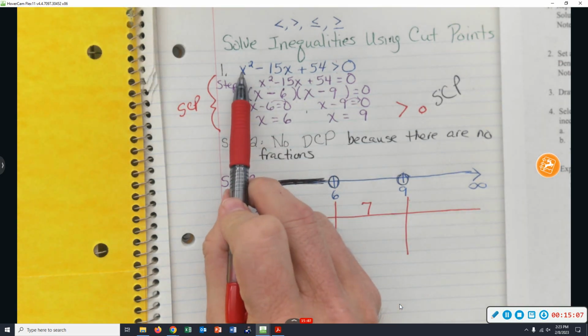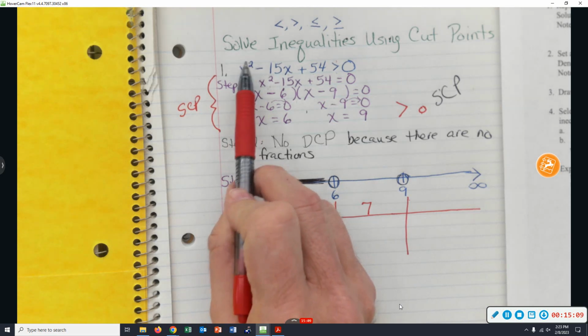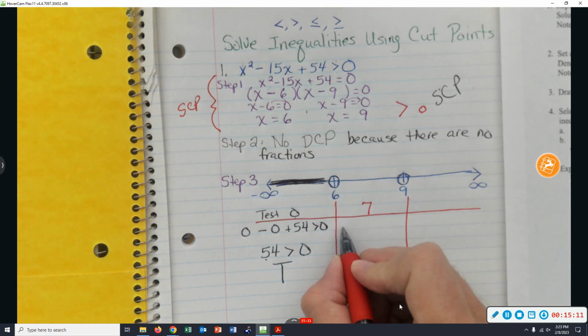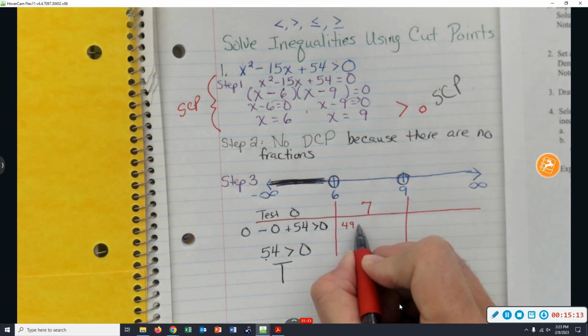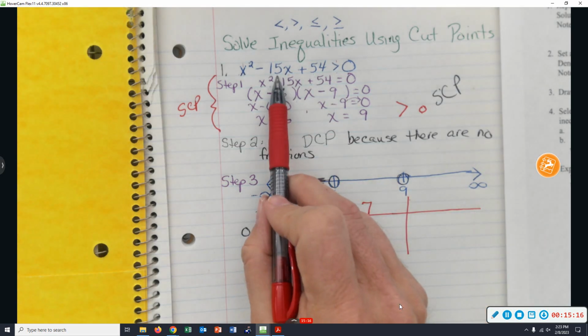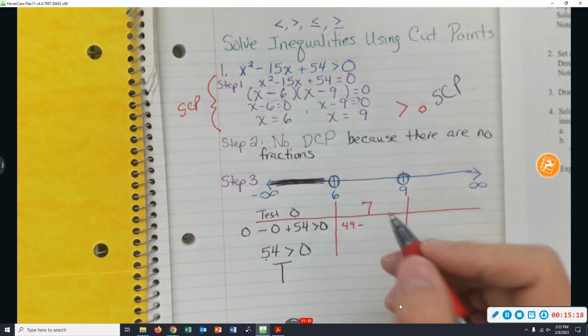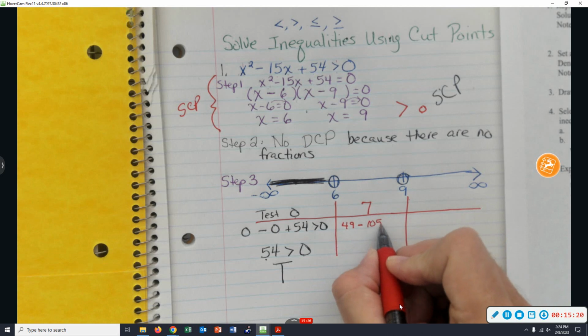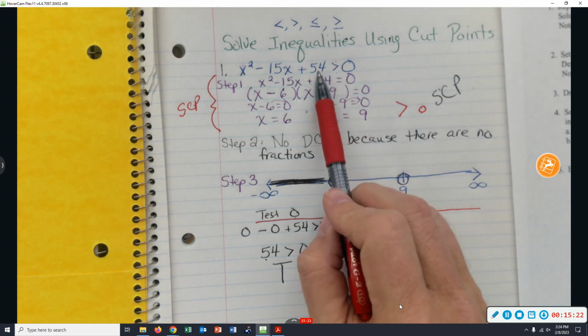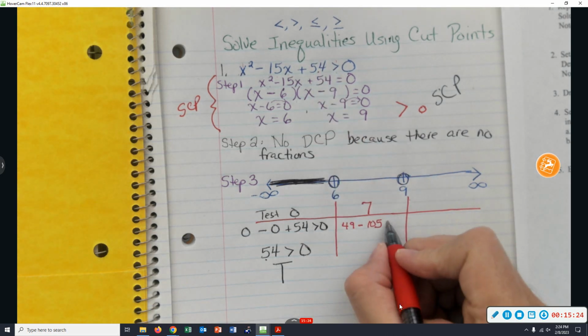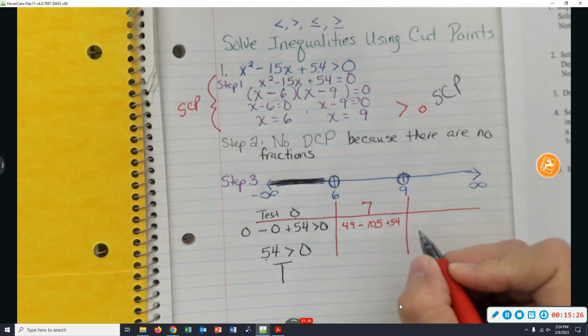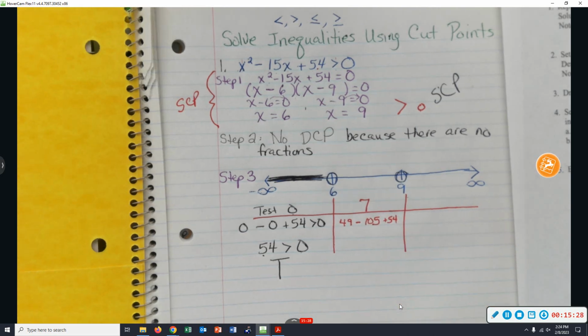Now this one's going to take a little bit more work. 7 squared, 49, minus 15 times 7, is that 70 plus 35, is that 105? Plus 54. I'm running out of room.